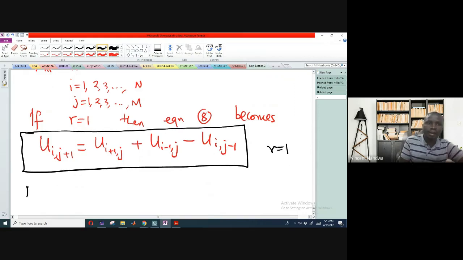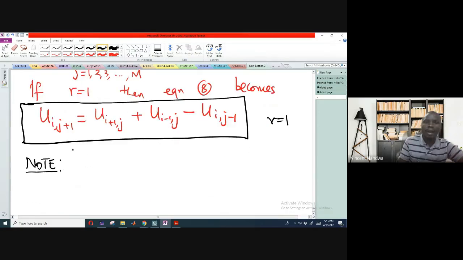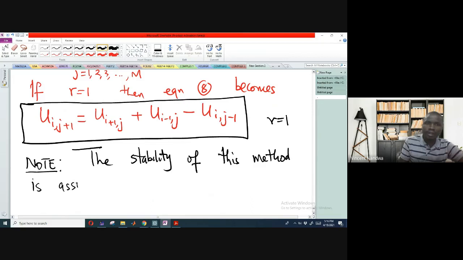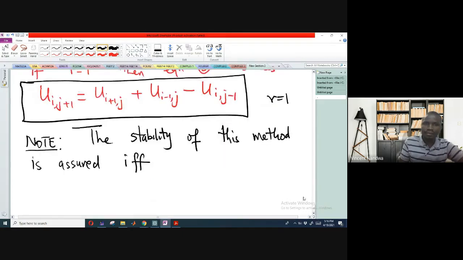One thing you need to remember is that when you are doing a numerical solution, you need to know whether the solution is stable or unstable. The stability of this method is assured if and only if the value of r, which is the same as ck over h, is less than or equal to 1.